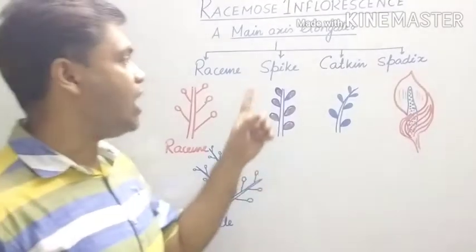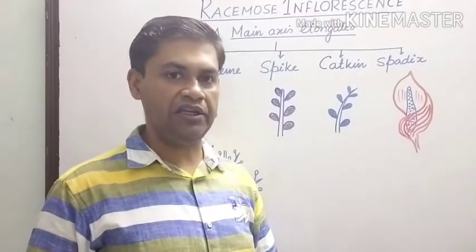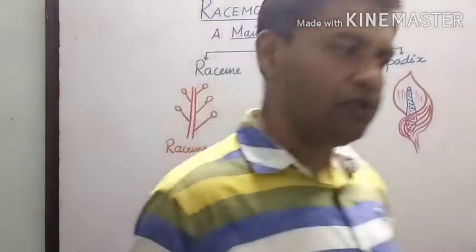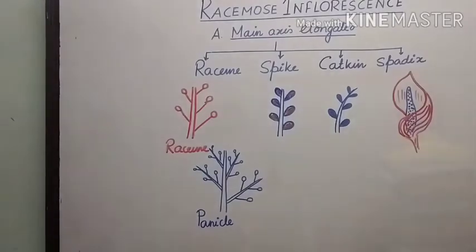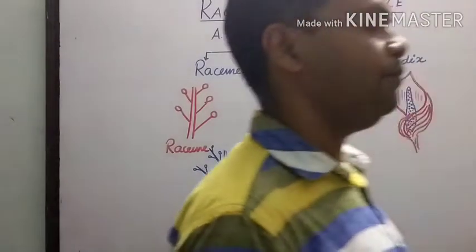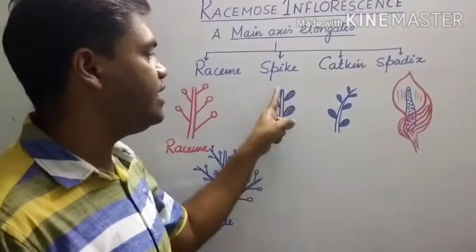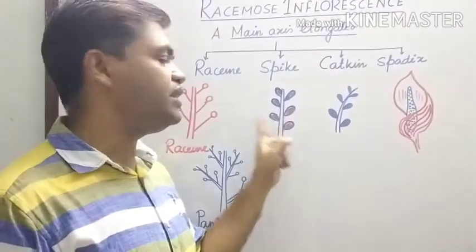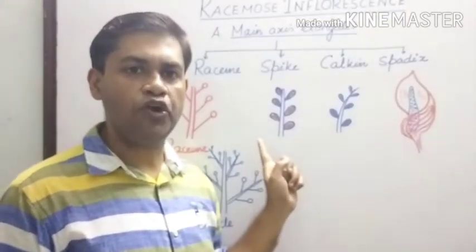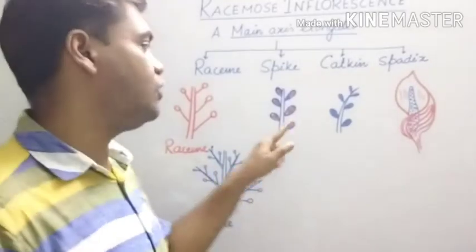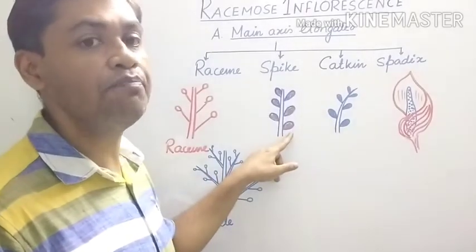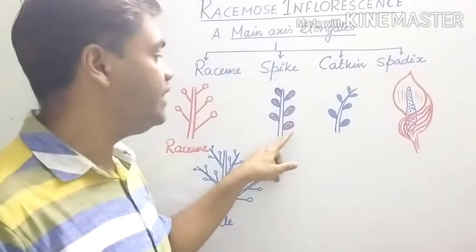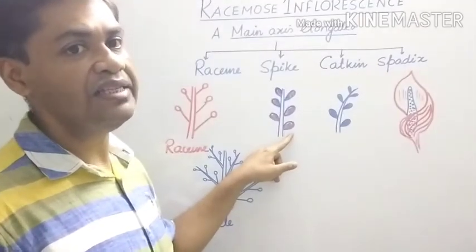Clear? Now we are coming to the spike. It is also like a raceme. Here also the main axis is elongated and bearing the lateral flowers in acropetal succession, but they are not stalked flowers. That means they are not pedicellate flowers; rather, they are stalkless or sessile flowers.